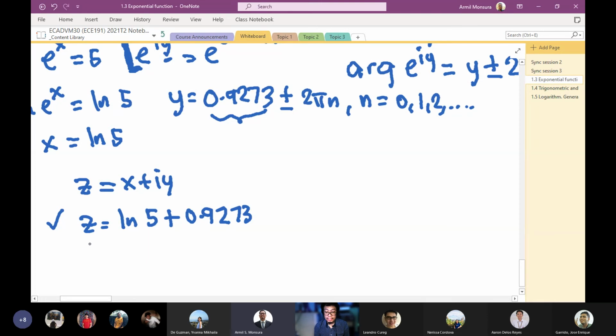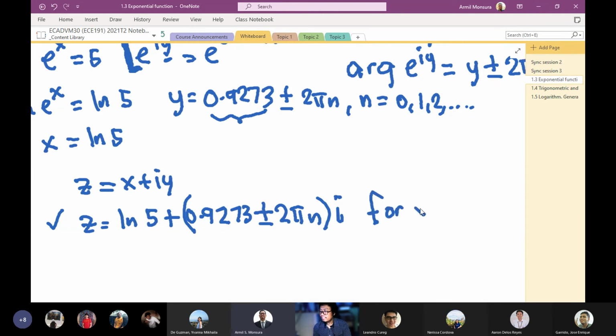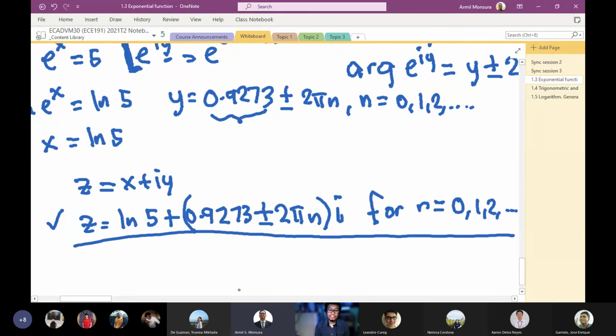But if we write this as 0.9273 plus or minus 2 pi n times i, for n equals 0, 1, 2, and so on, that gives you the complete set of answers.